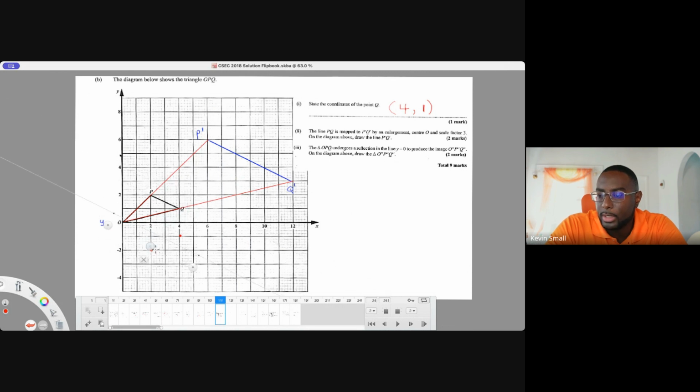So starting at O, this is my reflection across the line y equals 0. So there to there. Here to here.